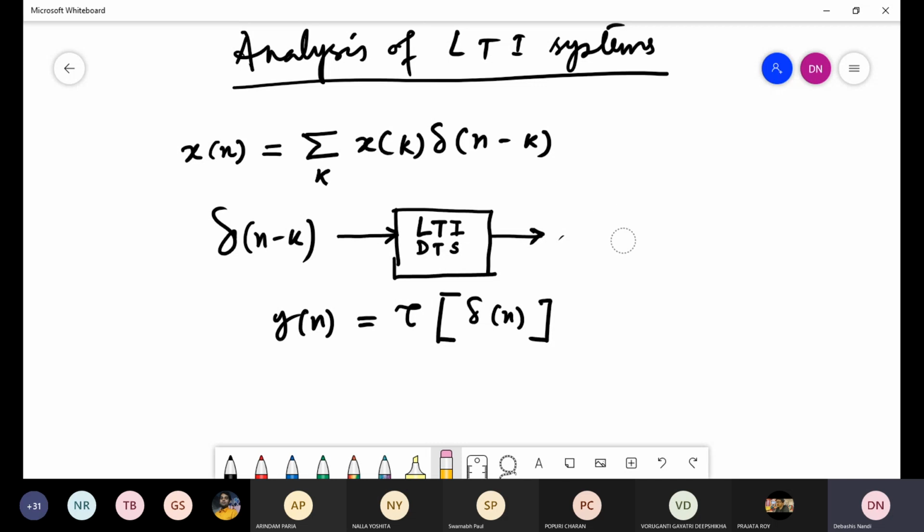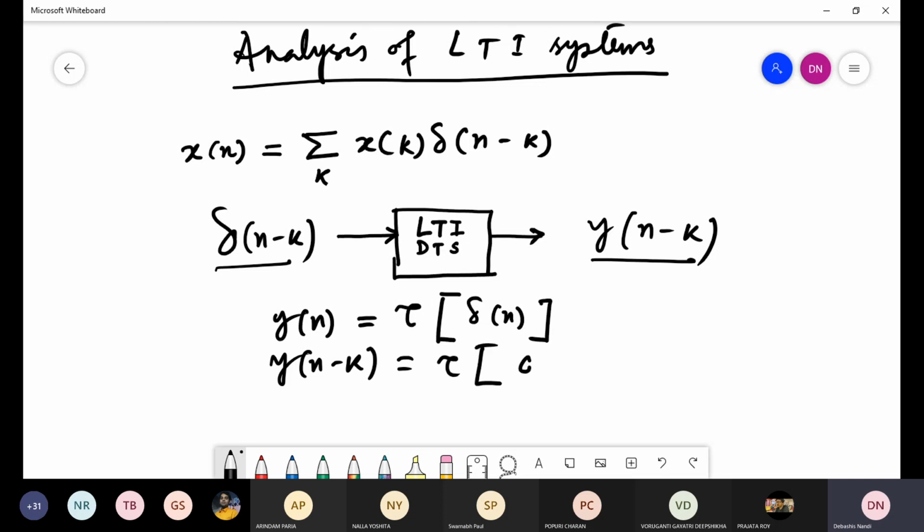The output in that case, for time invariant system, will be h(n minus k). Clear? Because this is LTI, this is a time invariant system. So when you are applying delta(n minus k), then you will get h(n minus k). This output is also shifted. The amount of shifting is equal to k. So you can write that h(n minus k) is the transformation on delta(n minus k).